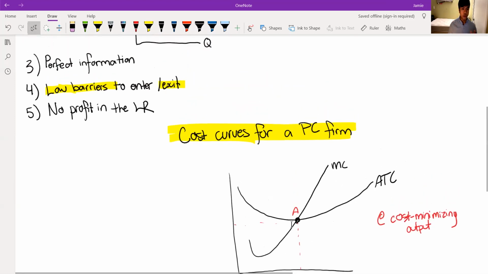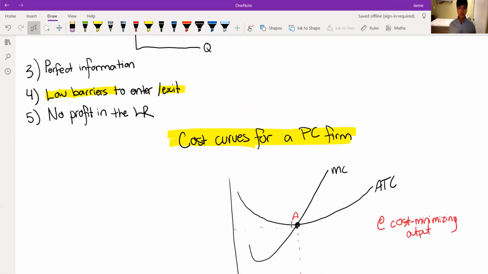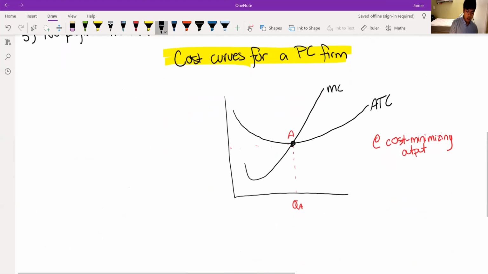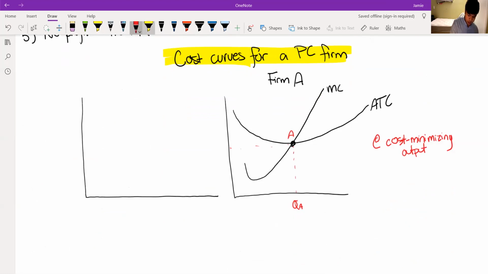So what are the key assumptions of a perfectly competitive model? Well, they're price takers. So whatever the market price is, that is the price they're going to service. To determine that market price, we need a market supply and demand. So if this is firm A, let's draw another graph. Let's erase that. Okay, I just need some reference here.